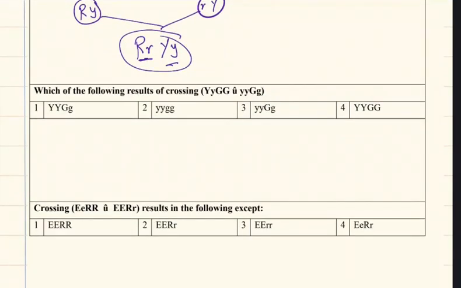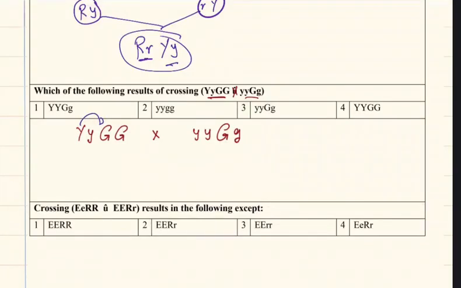Let's look at this question. It says, which of the following is the result of crossing these 2? The first is Y capital, Y small, G capital, G capital, and the second is Y small, Y small, G capital, G small. Now, the first one, how many gametes?